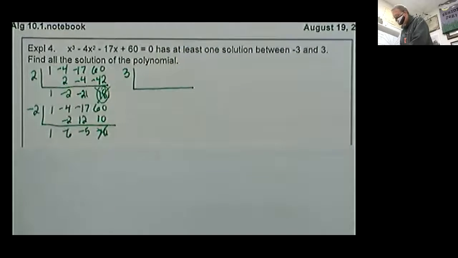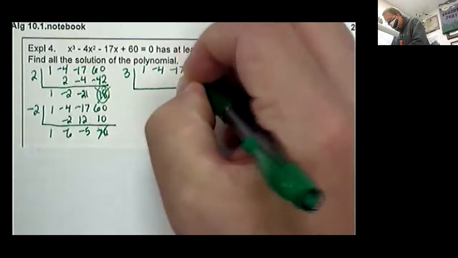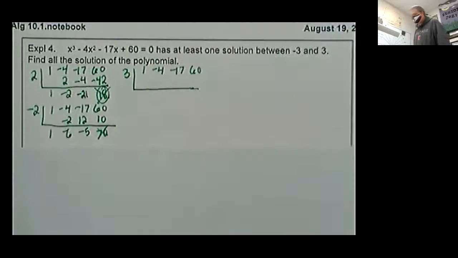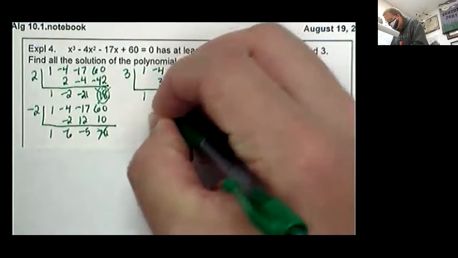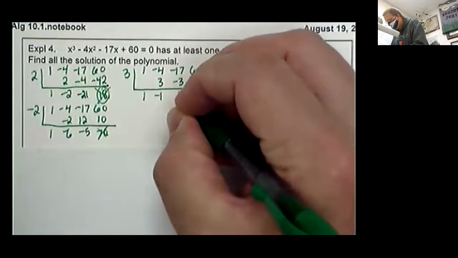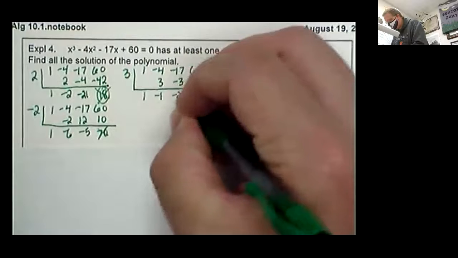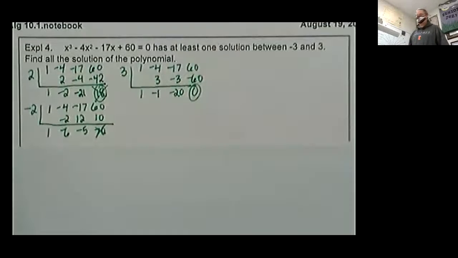So we'll do the same process. 1, -4, -17, and 60. And we get 1 times 3 is 3, add is -1, multiply is -3, add is -20, multiply is -60, add is 0. So there's our first solution, it has to be 3.